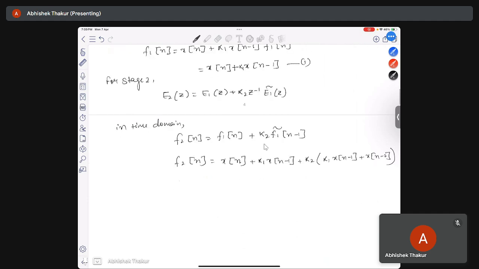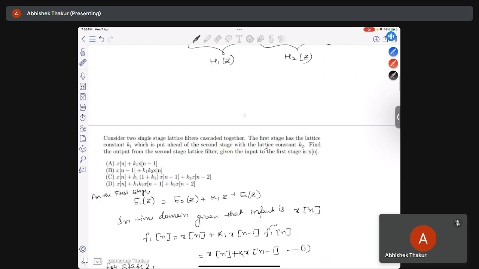So f2[n], the final answer, will be x[n] + K1(1 + K2) x[n-1] + K2 x[n-2].